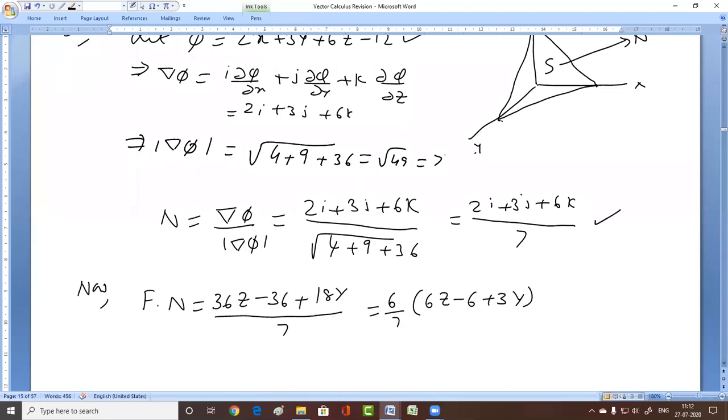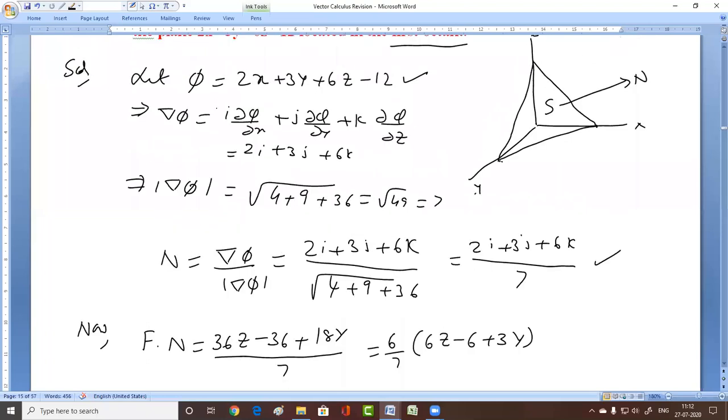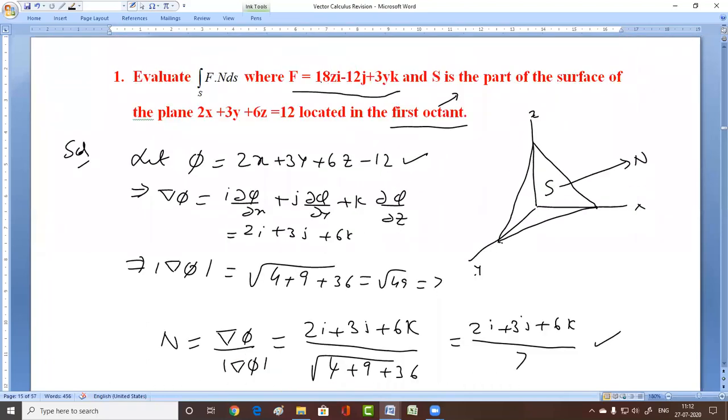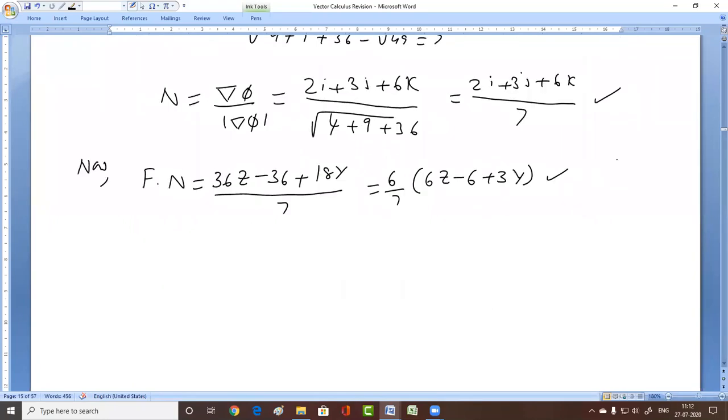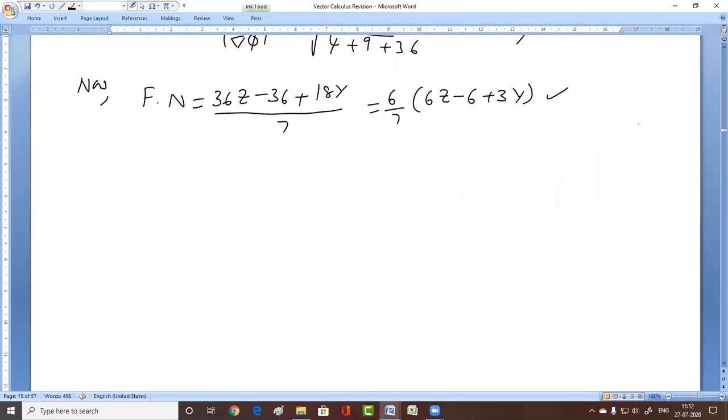After that, find F dot n. The dot product of the given vector point function and the unit outward normal to the surface is nothing but this one. After that, we will find dS. If the given surface is in the first octant, you must project it on the xy plane.